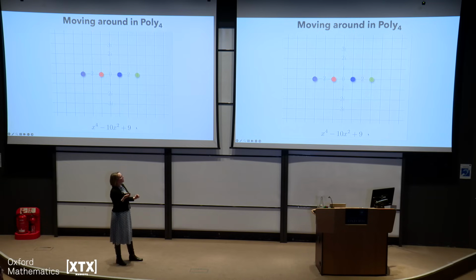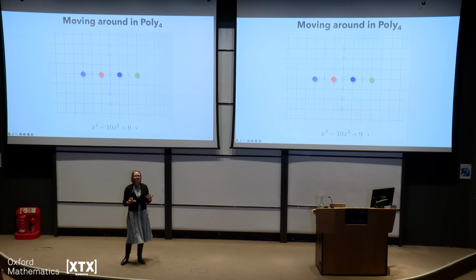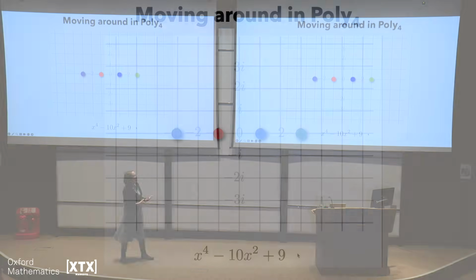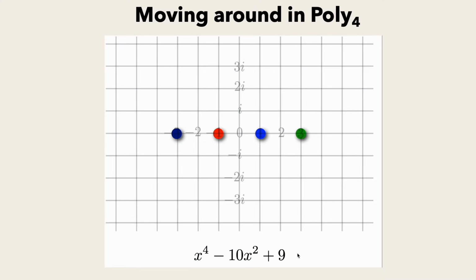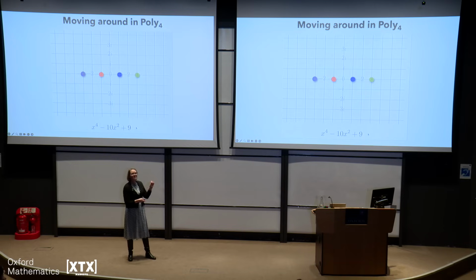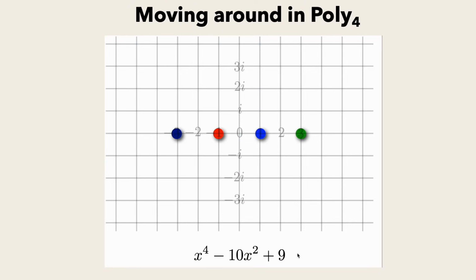So what does it look like to move around in the space of polynomials? I could do it here, but I get a much better visual intuition doing it in the complex plane. So a point in poly 4 is the set of these 4 points. Okay? So 4 points in the complex plane gives me 1 point in poly 4.